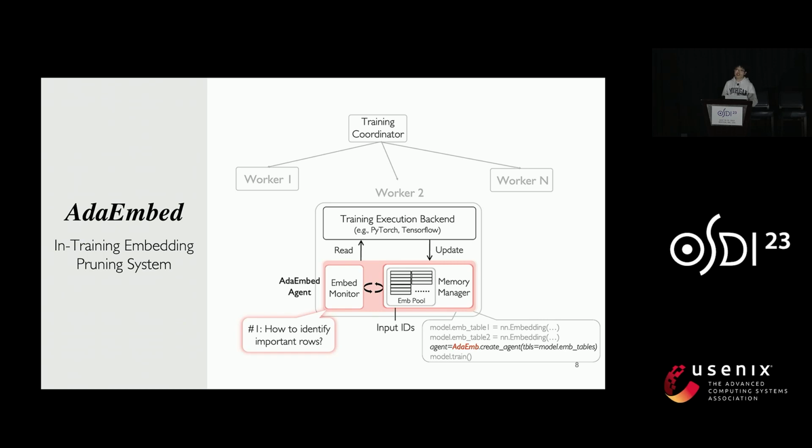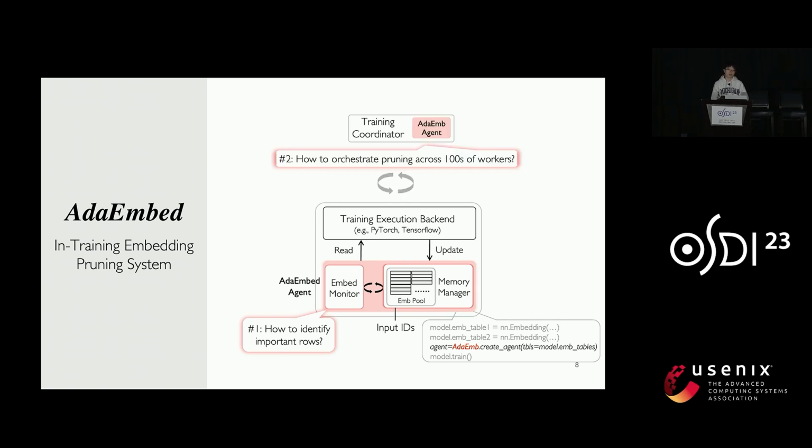The embedding monitor captures the importance of each embedding row with the training feedback. Then, this local importance data is monitored by the coordinator, which orchestrates pruning across hundreds of machines. Later, this pruning decision is forwarded to individual workers, and the memory manager removes or allocates new embedding rows for different embedding IDs. But there are lots of practical challenges.